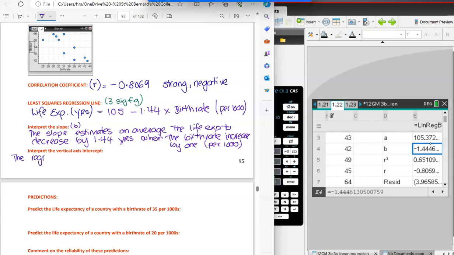So the regression line intercept predicts the average value of life expectancy to be, and this is where I put the A value, 105 when the birth rate is 0. We know we're not going to get any marks deducted because we're writing exactly what it says.